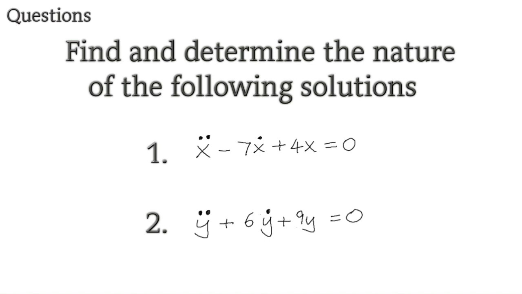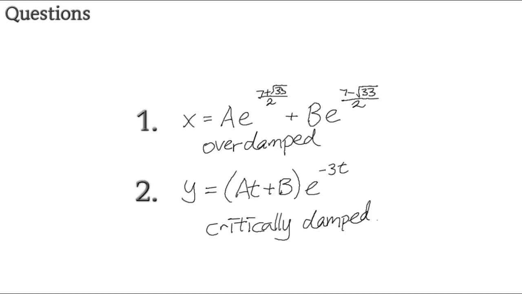Yeah, basically that's all I want to say, so I'll give you 5 seconds to pause and do the questions, and I'll show the answer in 5, 4, 3, 2, 1. So the answer is shown right here. The first one is overdamped and the second one is critically damped.